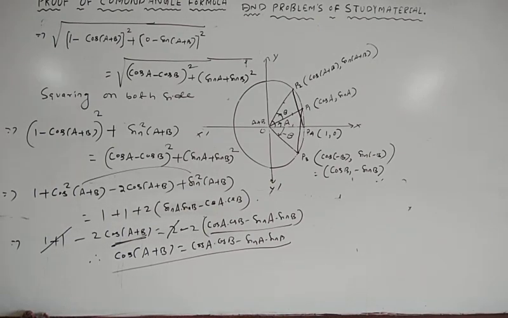Next we prove that cos of (a minus b) is equal to cos a cos b plus sin a sin b.